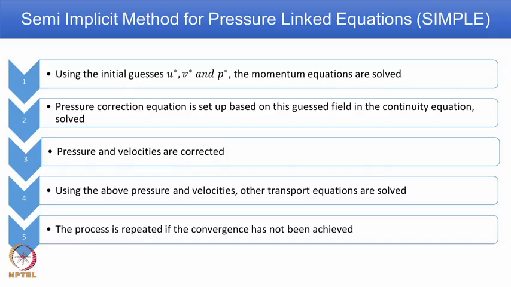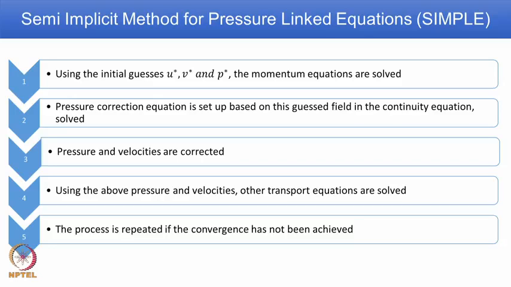We will have a relook at SIMPLE procedure using the initial guesses for velocity u star, v star and pressure p star. Momentum equations are solved. Pressure correction equation is set up based on this guessed field in the continuity equation.